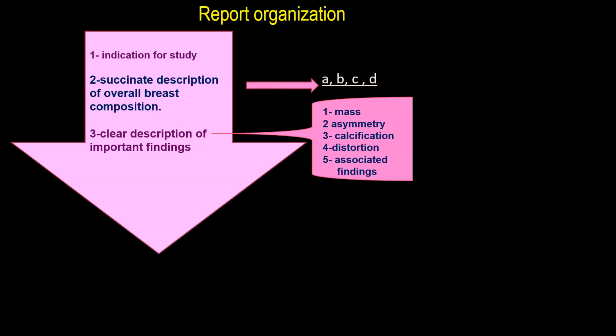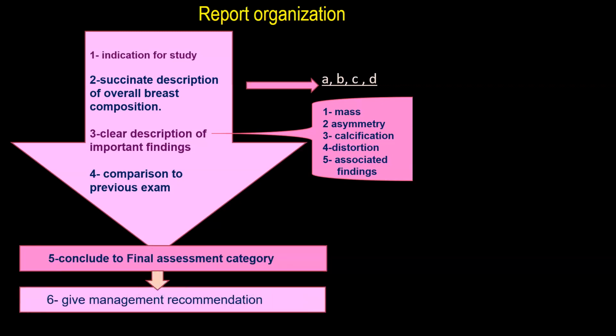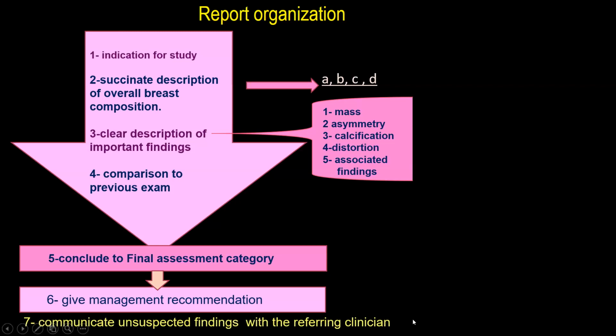Today we are going to discuss number 1, the mass. Then the report includes comparison to previous studies, concluding with a final assessment, and gives management accordingly, and then communication of unsuspected findings to the referring physician.